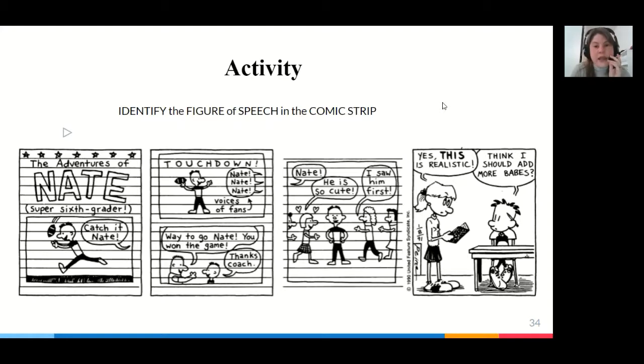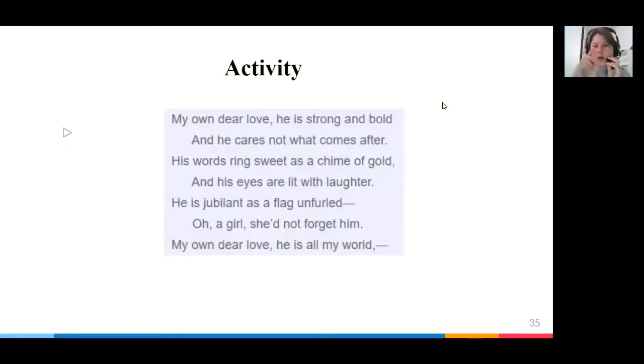Yes? And the next one is taken from a poem. Read the poem and tell me, how do you expect this poem to finish? "My own dear love, he is strong and bold, and he cares not what comes after.